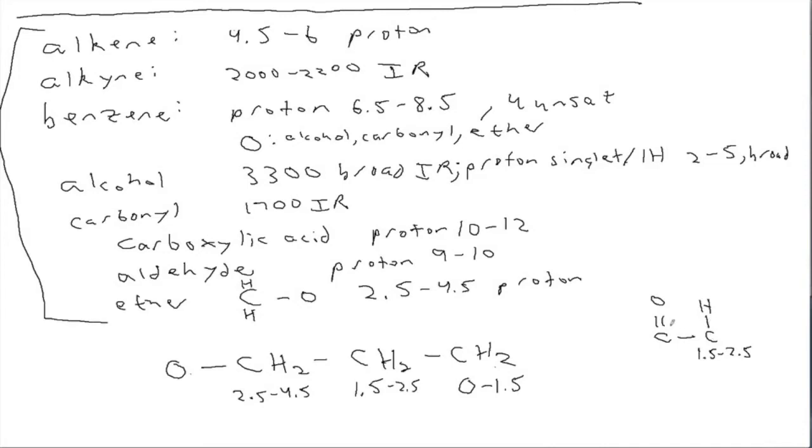Notice that with a ketone, you don't expect anything in the 2.5 to 4.5 region, because there are no hydrogens on this carbon. And if there was a hydrogen, it would be all the way in the 9 to 10 region.